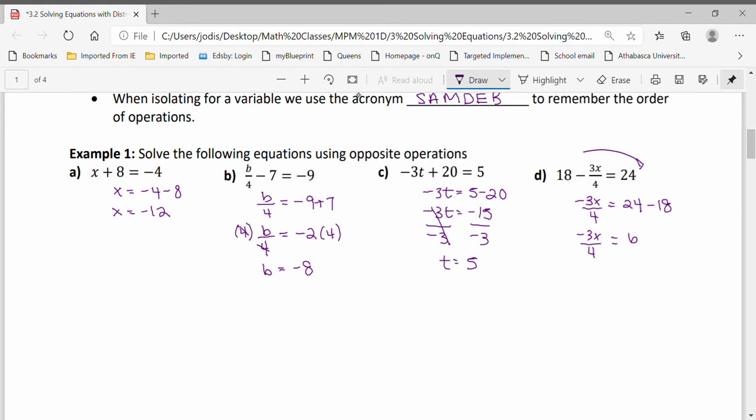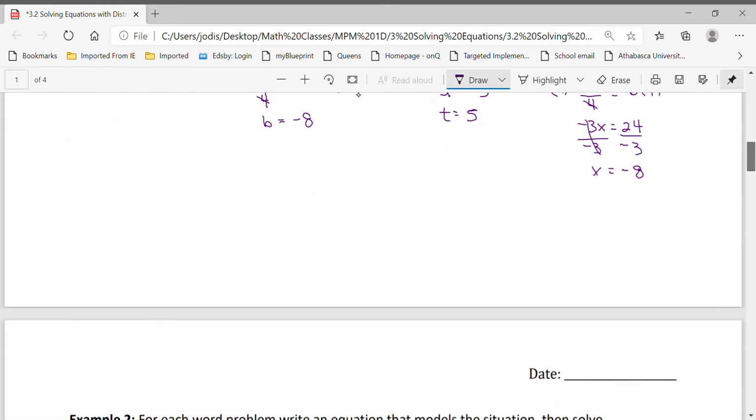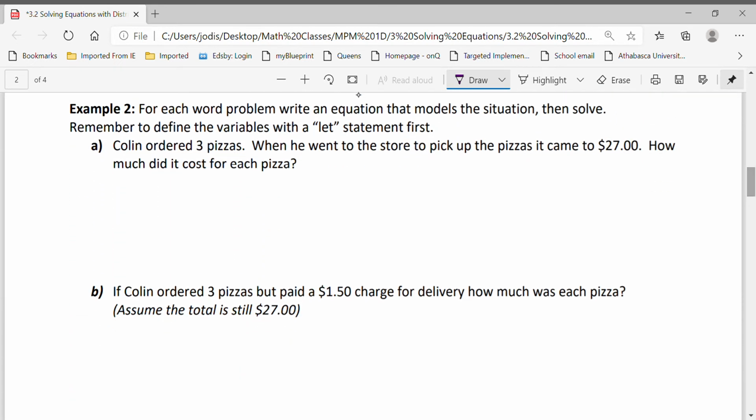Then we want to get rid of this dividing here, so we're going to multiply by 4 to get rid of that. And then lastly, we want to get rid of this multiplying, so we're going to divide, and we've got negative 8. Okay?